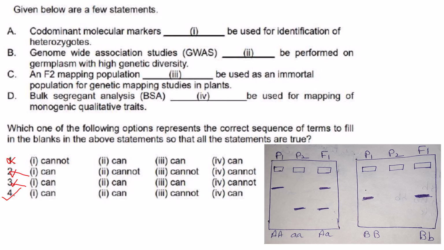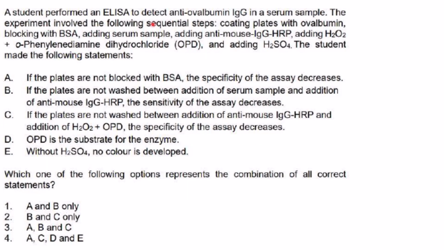Then next one: a student performed an ELISA to detect anti-ovalbumin IgG in serum sample. So anti-ovalbumin IgG in serum sample, that is your antibody. The experiment involved the following sequential steps: coating plates with ovalbumin, which is your antigen, and anti-ovalbumin IgG is the antibody. So he or she wants to detect the presence of this IgG antibody in the serum sample.